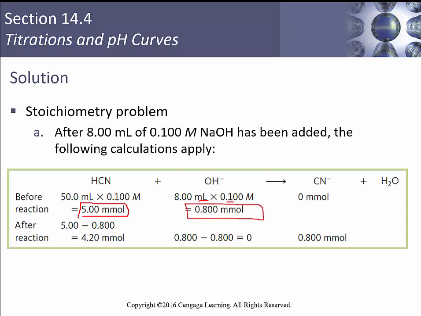We'll subtract because we're going to consume some of our weak acid to form our conjugate weak base. So we start off with nothing, and then we're going to add in 0.8 of our CN minus. Our hydroxide is going to go to 0 because we neutralized all of it. And then our HCN is going to decrease by 0.8.